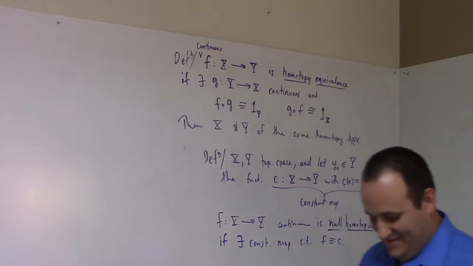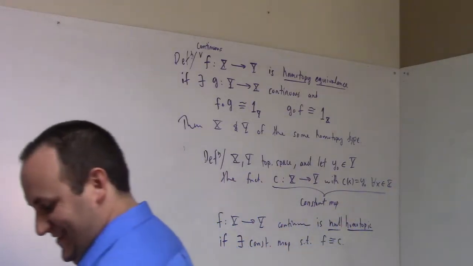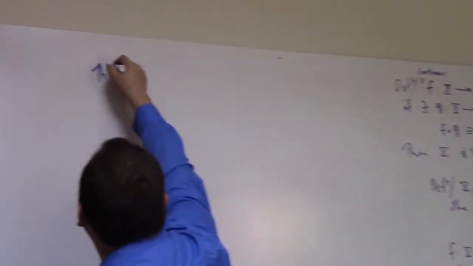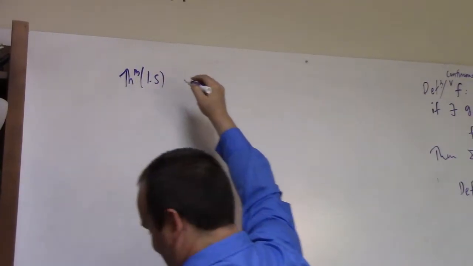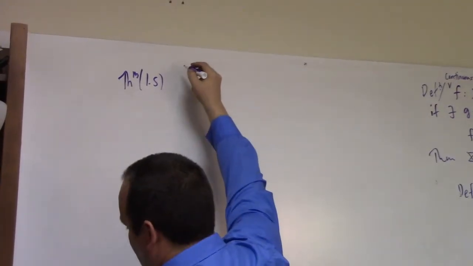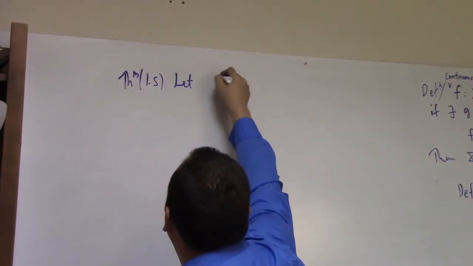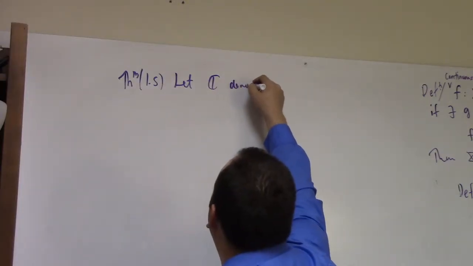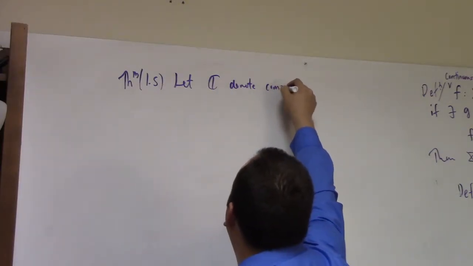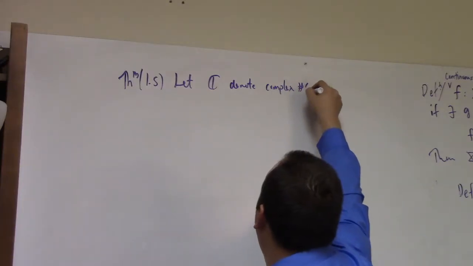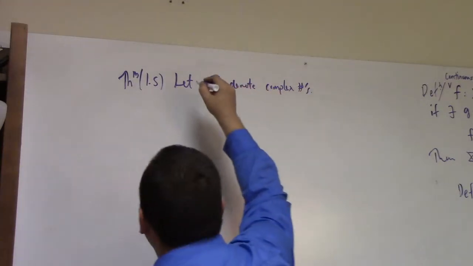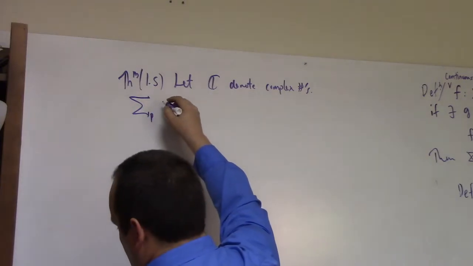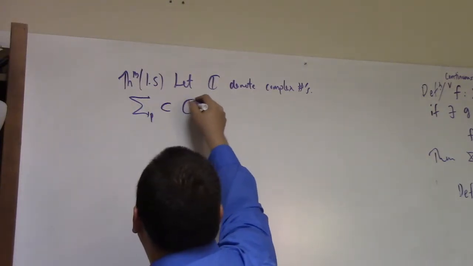Now, the next theorem is kind of striking. Theorem 1.5. Let C denote the complex numbers, and let sigma sub rho be a subset of the complex numbers.